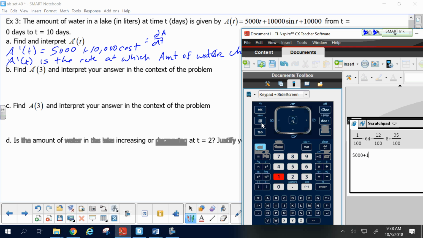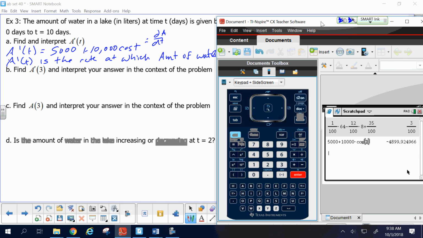Plus 10 cosine of 3. I think I need parentheses around that. I'm getting something negative, 4,899.924. How about you, or 925? Is that what you're getting?